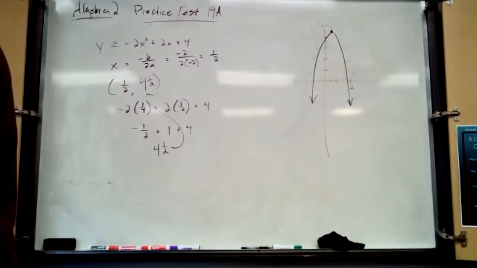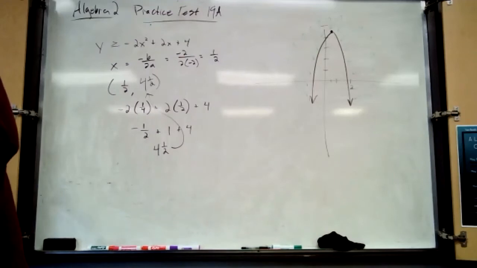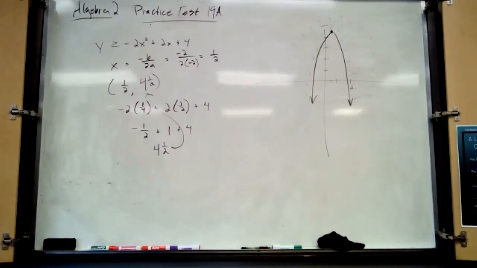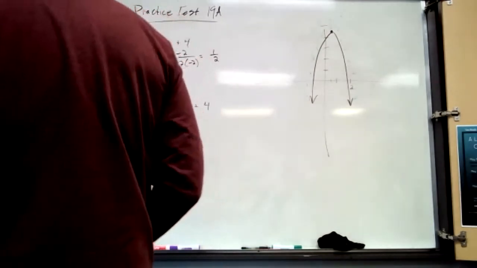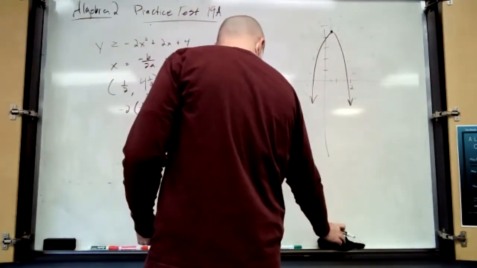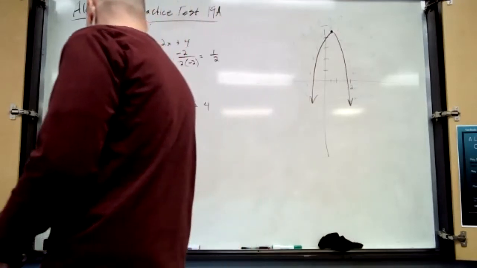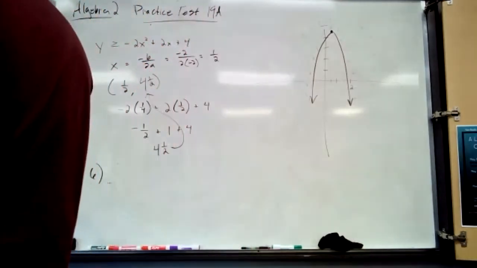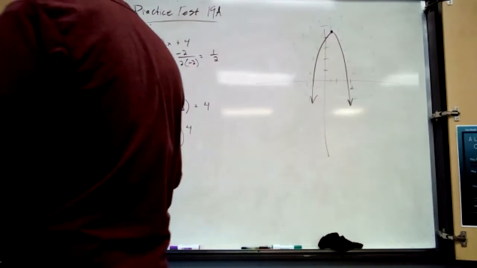Number 6. Oh, number 6 is right there. Find the 18th term. All right, we got to use this formula here. They lay it out for you, which is nice.